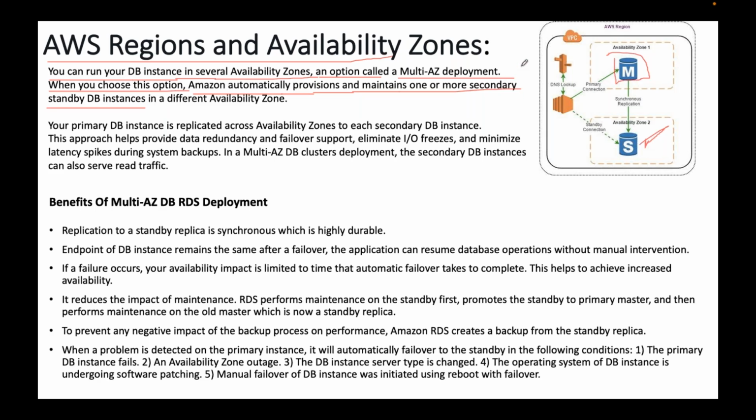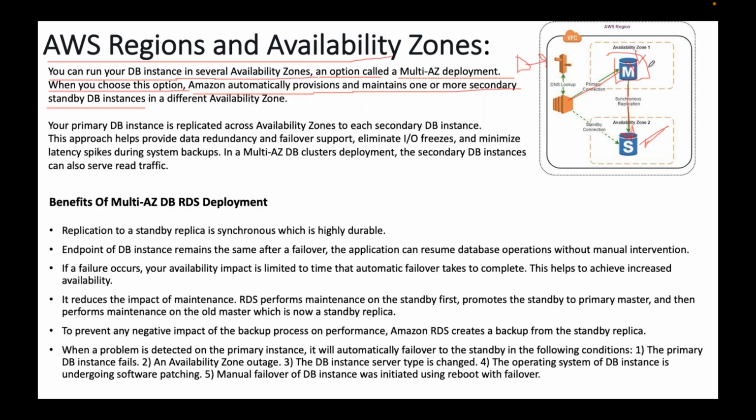So when applications are contacting via this RDS endpoint, all the requests go to primary only. All the requests will go to primary for write operations, and read operations also in this model. In the background, synchronously, the primary is replicating the data to the secondary.